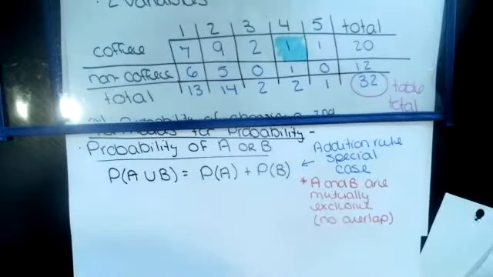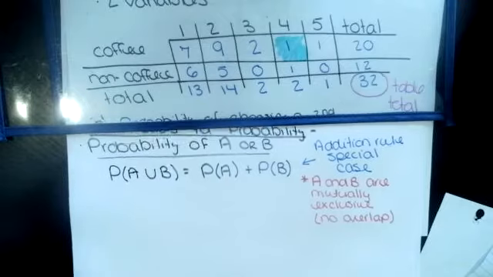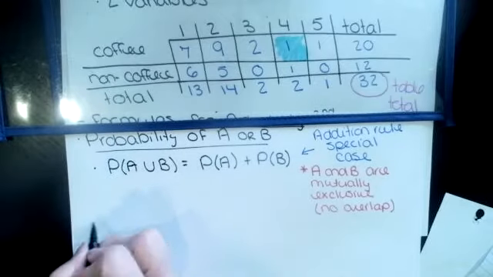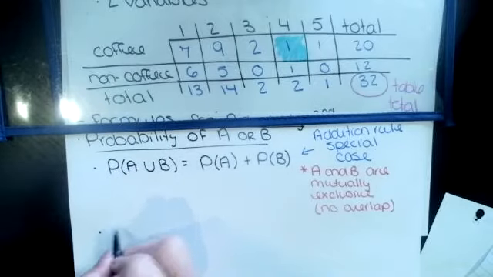Now I'm going to give you the addition rule when we don't have mutually exclusive, or maybe we don't know if they're mutually exclusive. Okay, so this is one. Give myself some room.